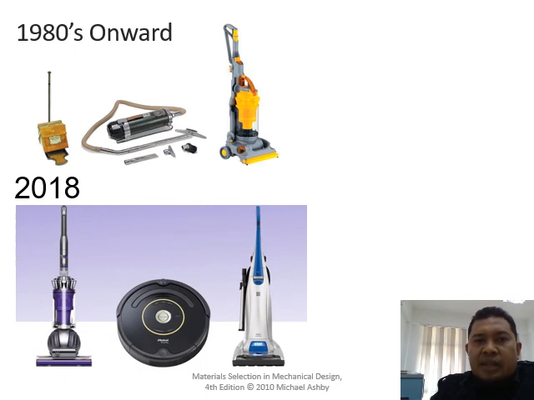So here is the 1980s onward for the vacuum cleaner. You have a very limited amount of metal components over there, which include the vacuum part and also the hose and so on. But nowadays you can have various types. You can have a robot vacuum.